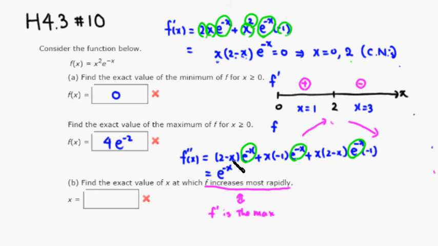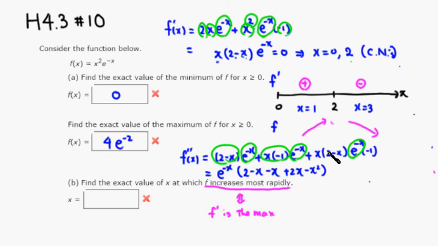Then let's collect all the other ones. You have a 2 minus x, and that takes care of this guy. And here is minus x, so that takes care of that guy. And then you have a plus 2x minus x squared.